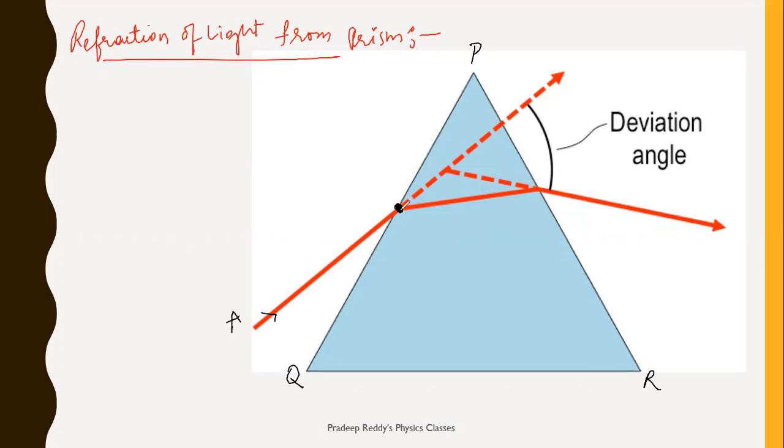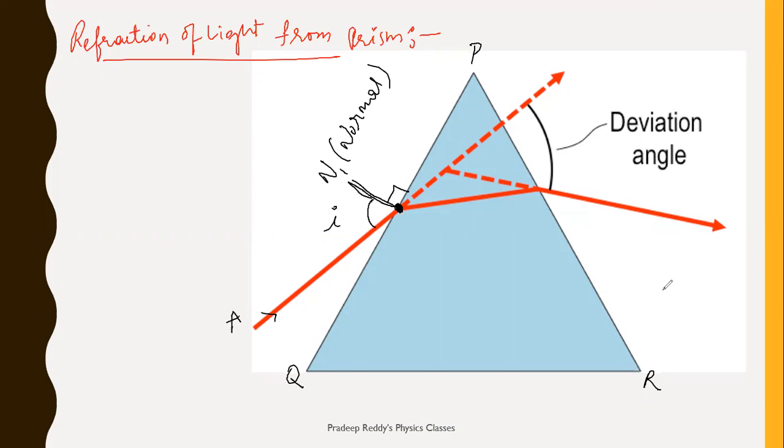From this point you need to draw one perpendicular. This perpendicular from the first surface is represented with N1. This is normal. The angle made by the incident light ray with the normal is called as angle of incidence.